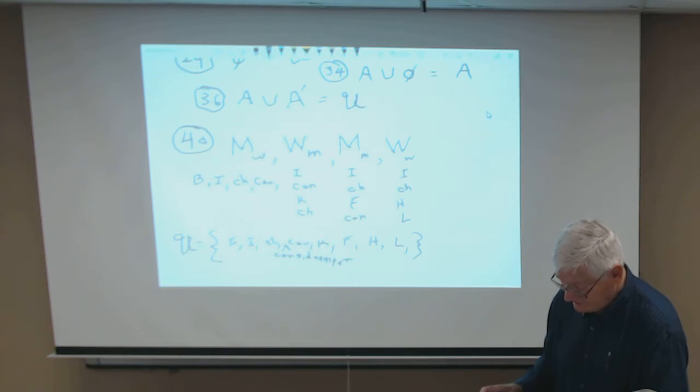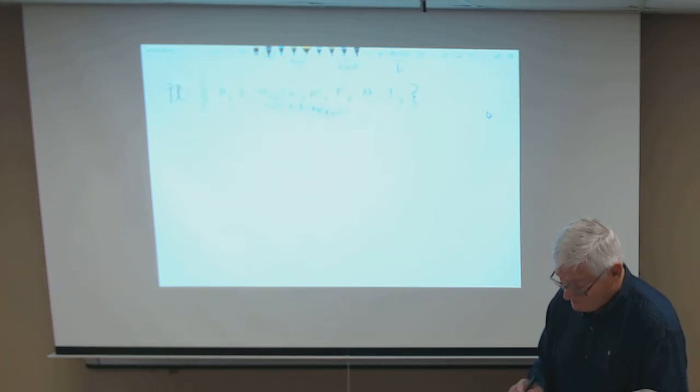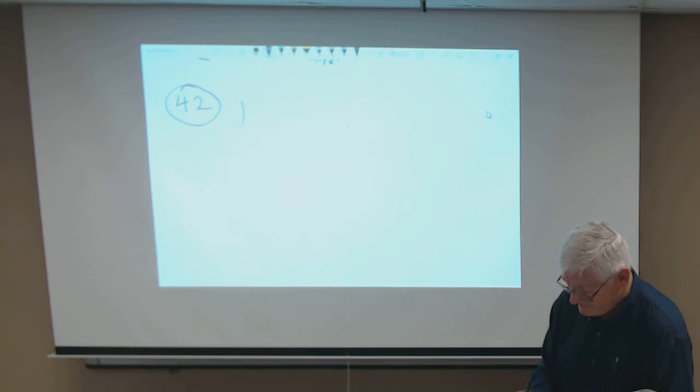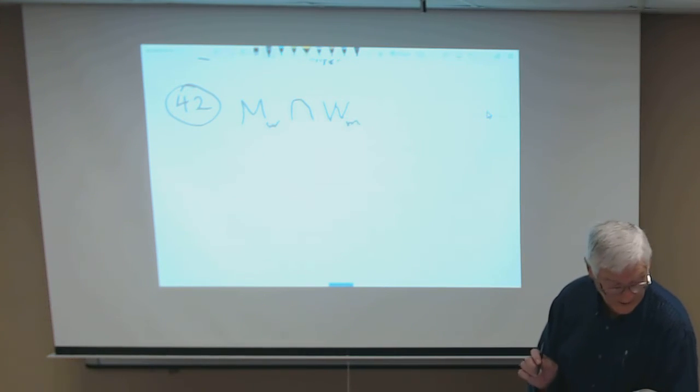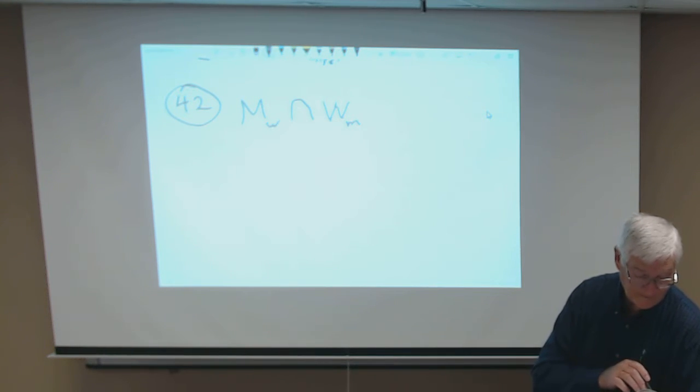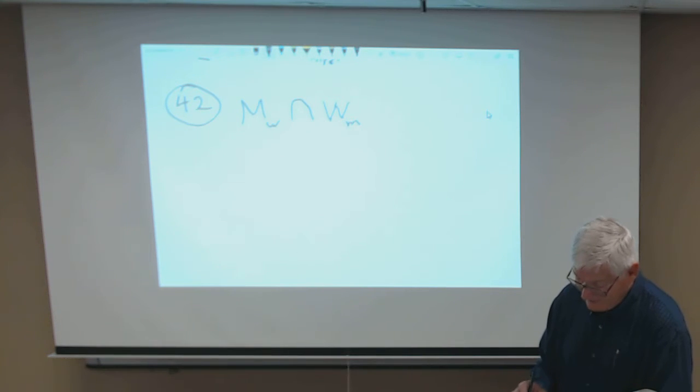Find the intersection of M sub W intersect W sub M. M sub W, that's right up there in the first one, isn't it? Traits men like in women. And what was that?